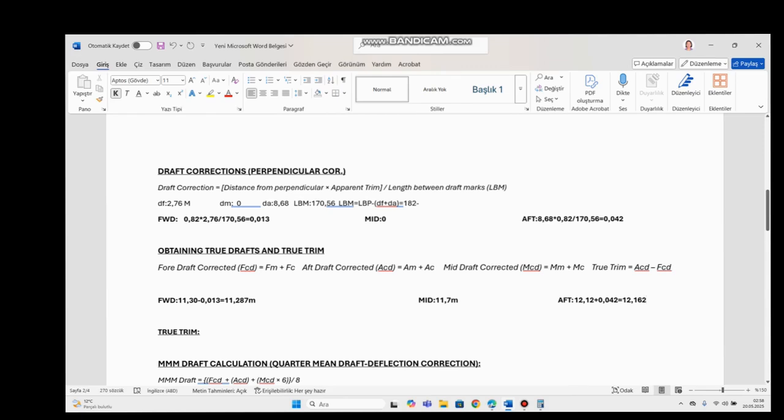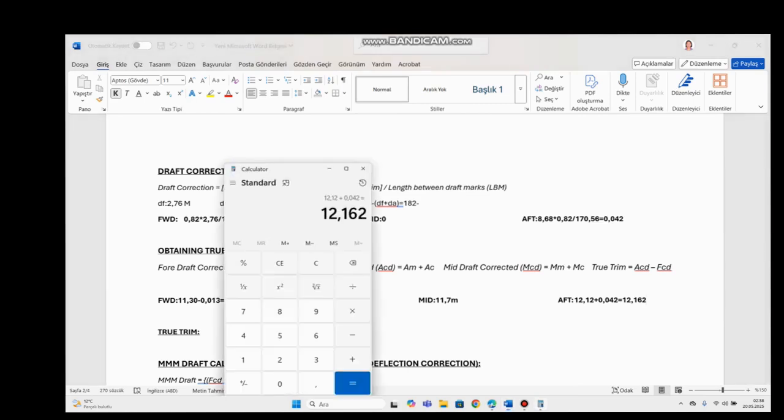And after that, we will find our true trim: corrected aft draft minus corrected fore draft.